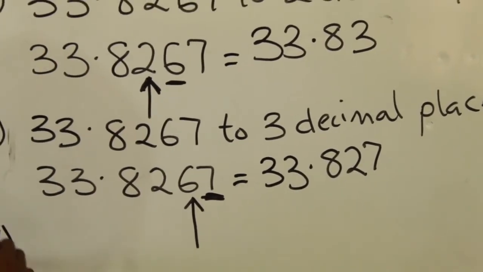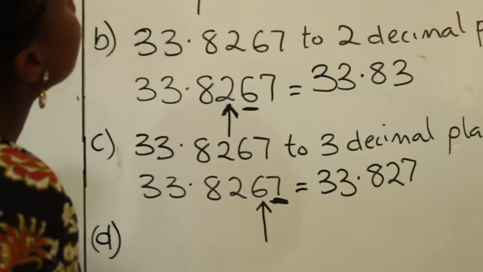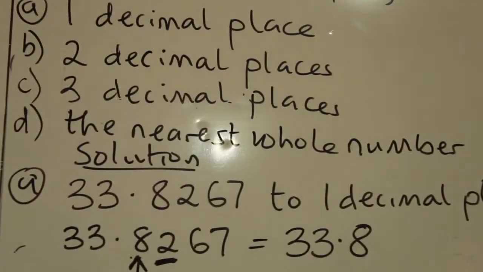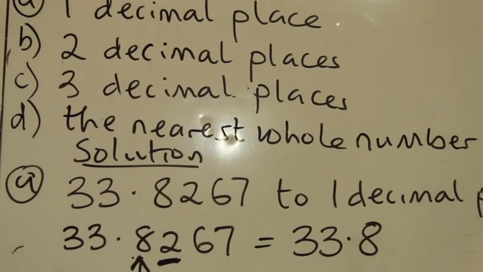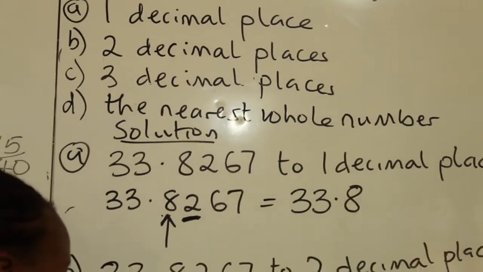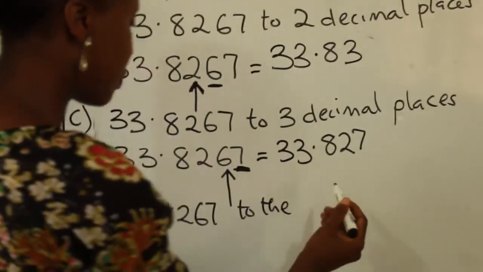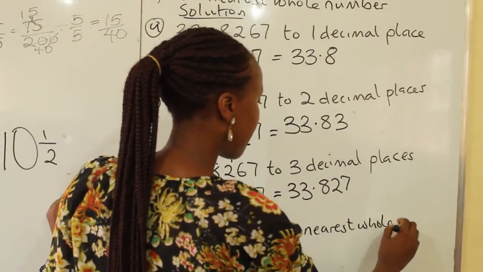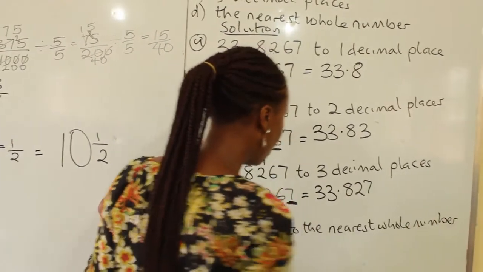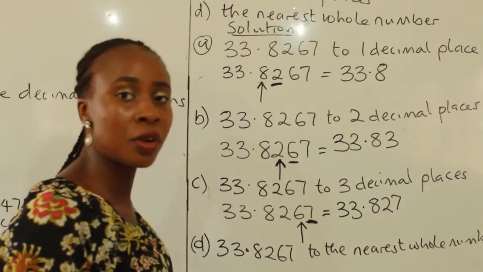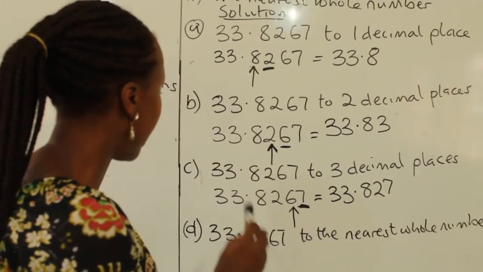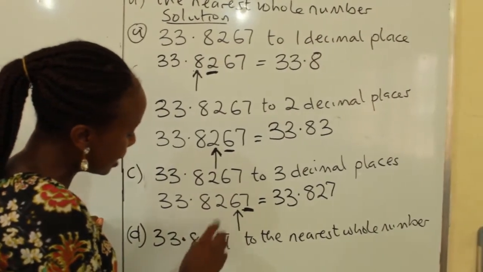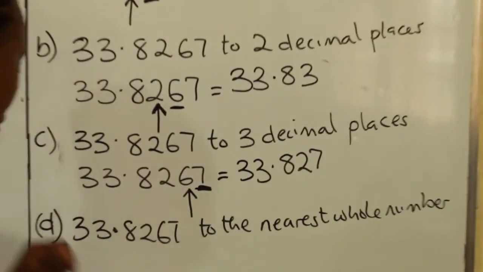Lastly, we are rounding 33.8267 to the nearest whole number.